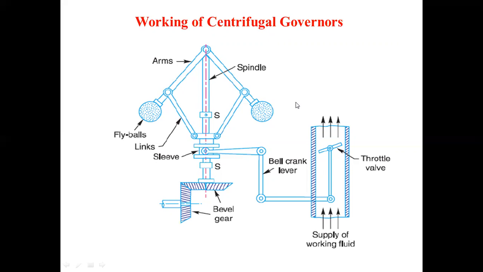It is a line diagram of a centrifugal governor, and this is the throttle valve, which is connected to the sleeve through the bell crank lever. Here the supply of working fluid happens, and this is connected to the bevel gear of the engine.